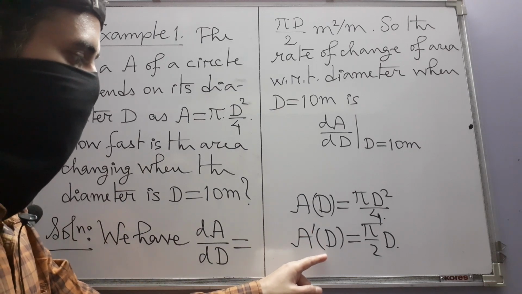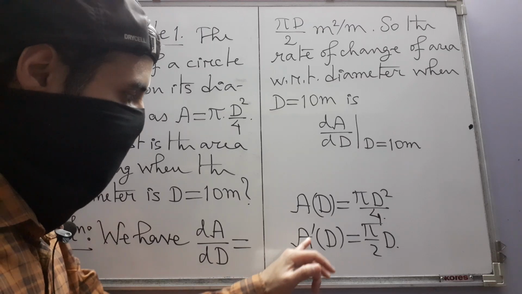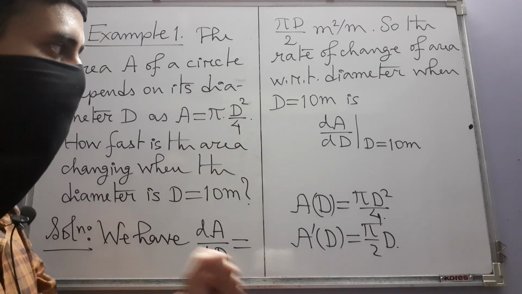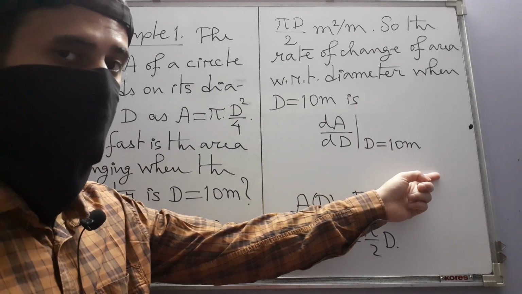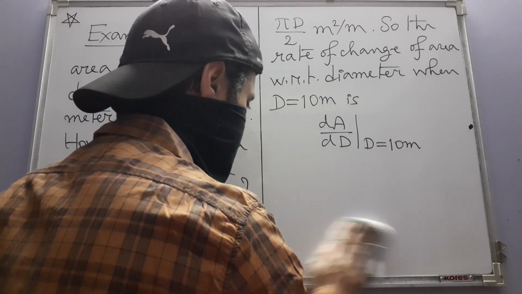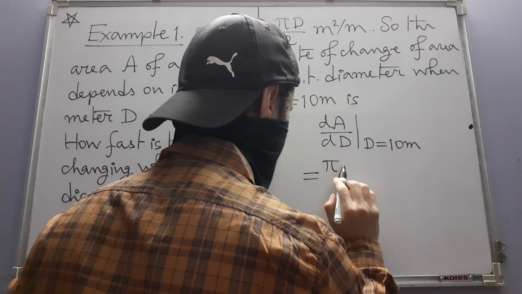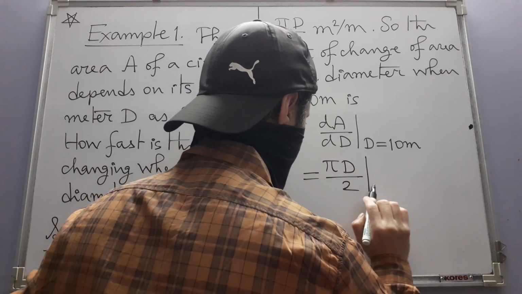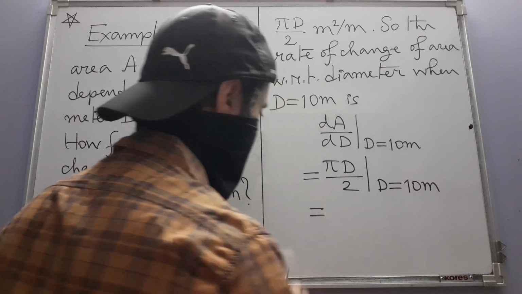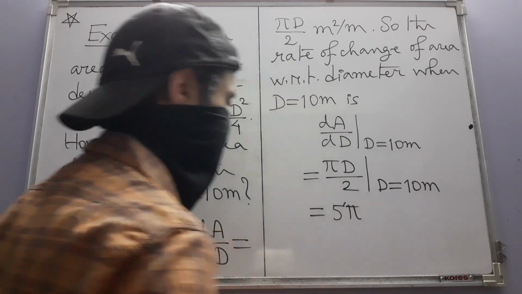And then if you evaluate this derivative at d equal to 10, you will just write A prime of 10. But because we are using this notation, evaluation is written like this. So if you substitute 10 for d, you are going to get 5 pi.